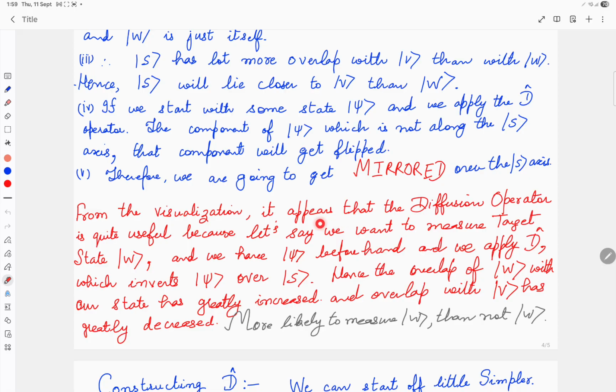From the visualization, it appears that the diffusion operator is quite useful, because let's say we want to measure target state W and we have an arbitrary state ket psi beforehand. Of course we will apply the diffusion operator on this ket psi, which inverts ket psi over ket S. Hence the overlap of W with our state has greatly increased and the overlap with V has greatly decreased.